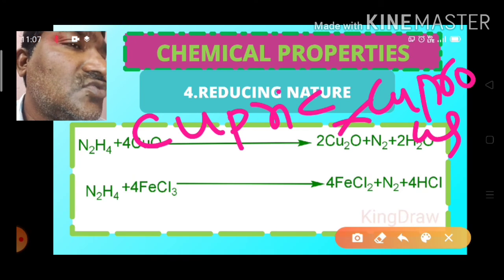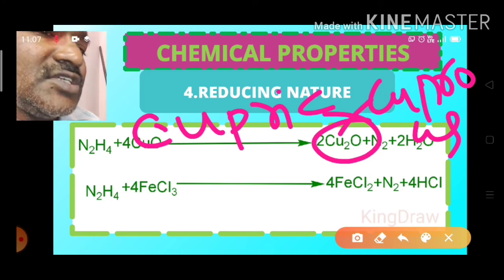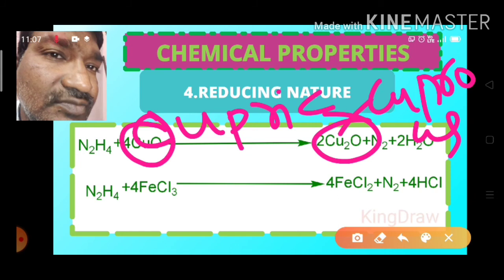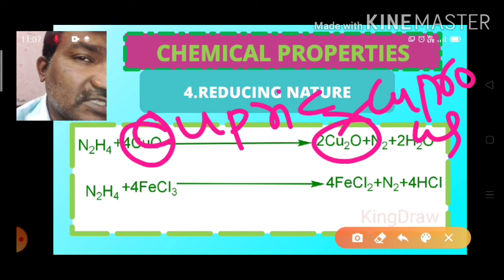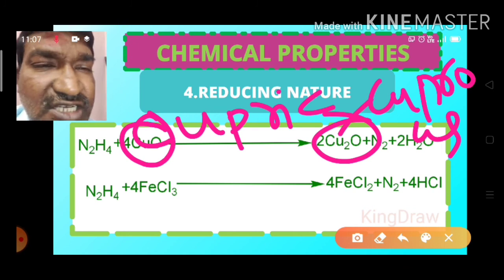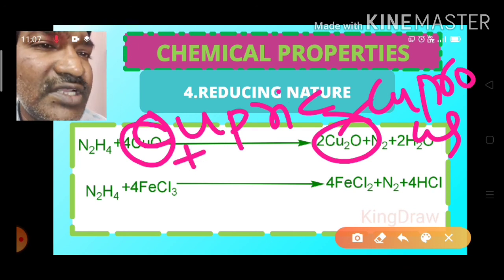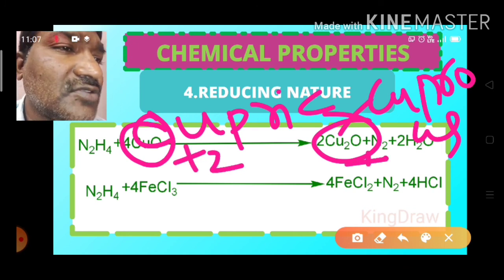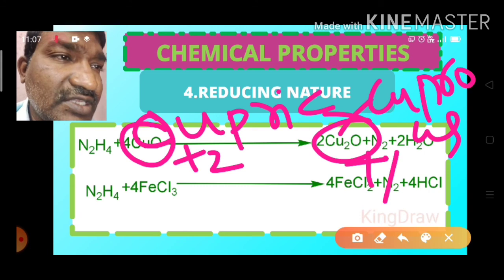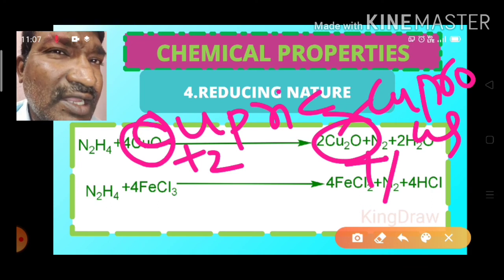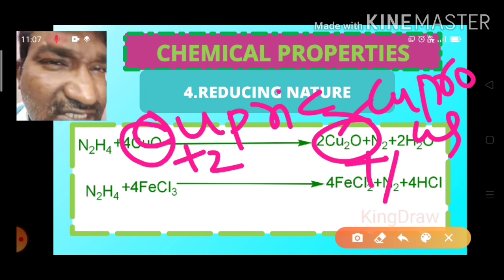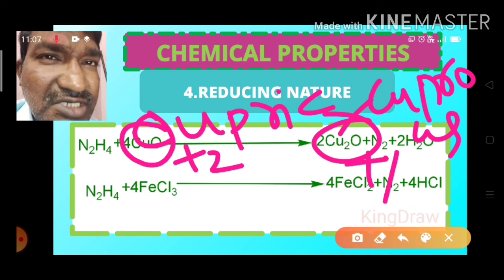Cu2O is known as cuprous oxide and CuO is known as cupric oxide. So hydrazine reduces cupric oxide to cuprous oxide. In cupric oxide, the oxidation state of copper is +2. In cuprous oxide, it is +1. Like that, hydrazine reduces some metal ions from higher to lower oxidation states.